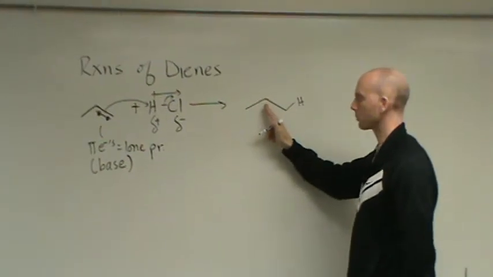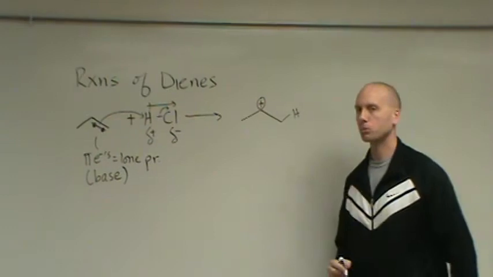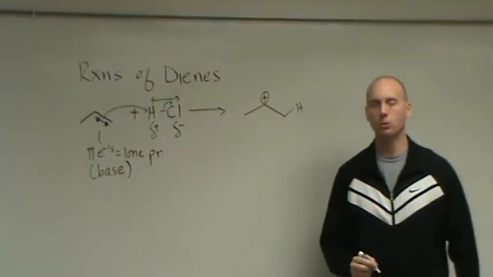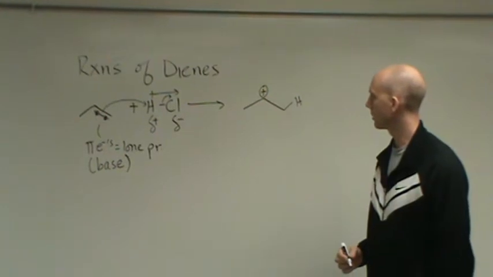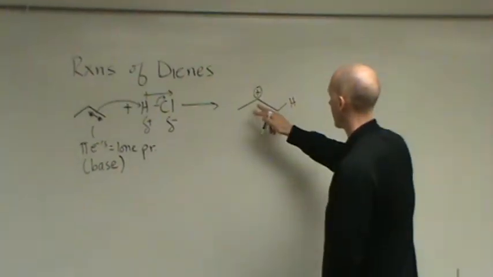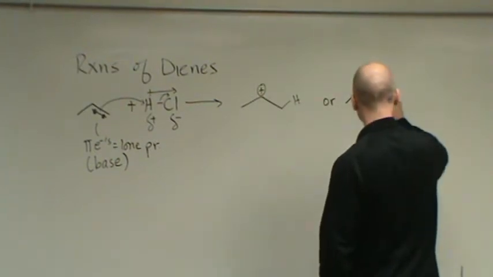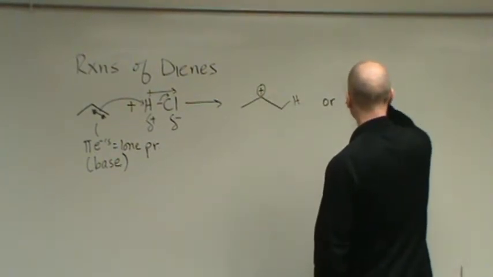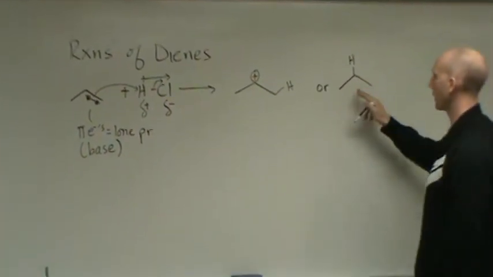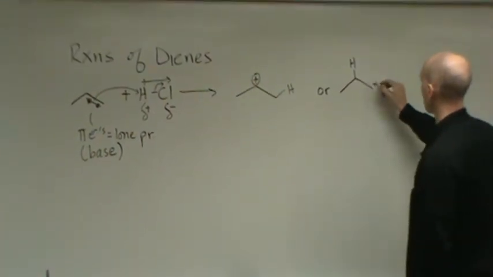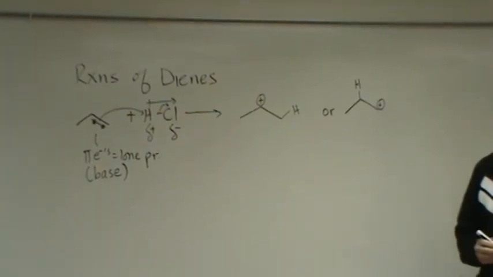The more substituted carbon forms a positive charge, and so we get a carbocation intermediate. If the hydrogen had added here to the more substituted carbon, then what? The less substituted carbon would get the positive charge.